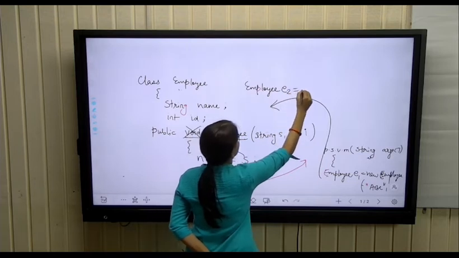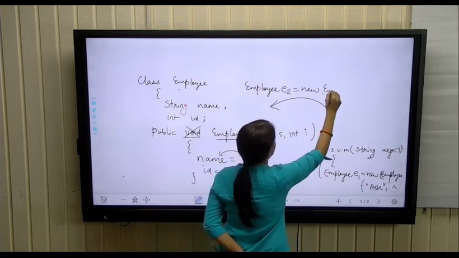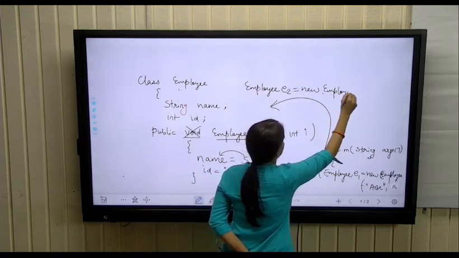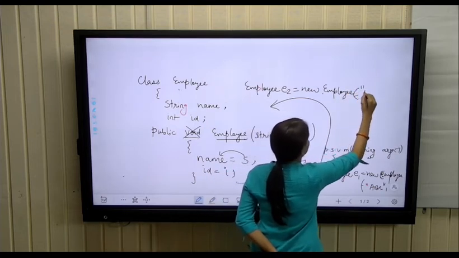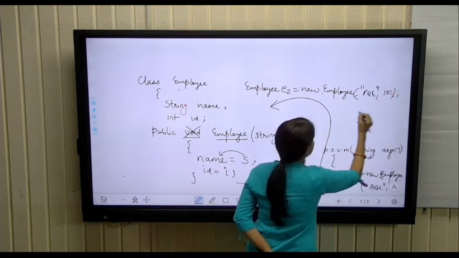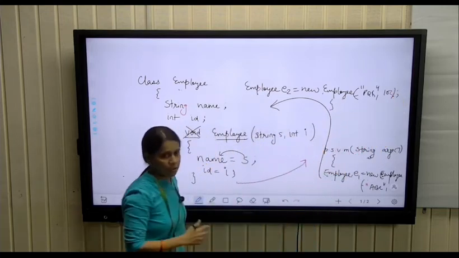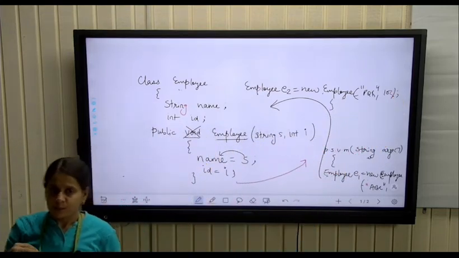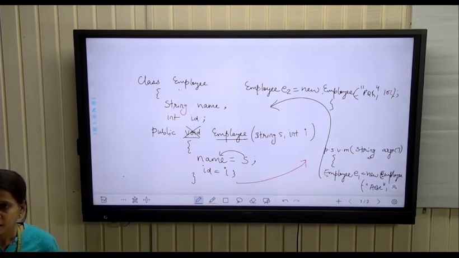e2 is equal to new Employee, suppose the name is pqr and the id is 102, right? Likewise you can change accordingly how many objects we are creating in that class.